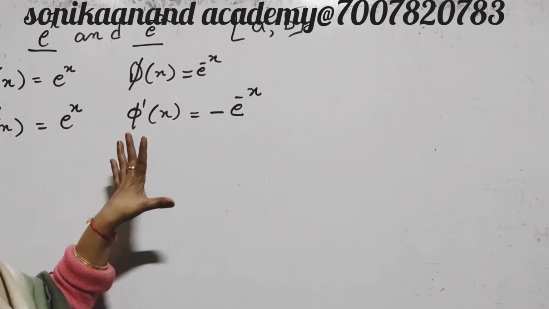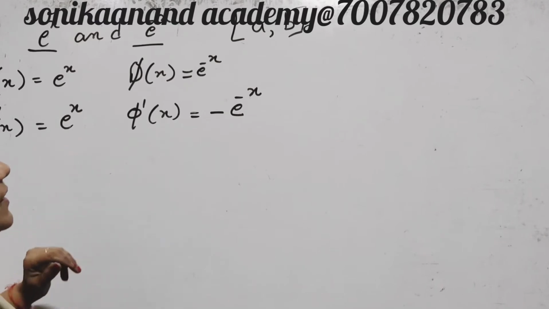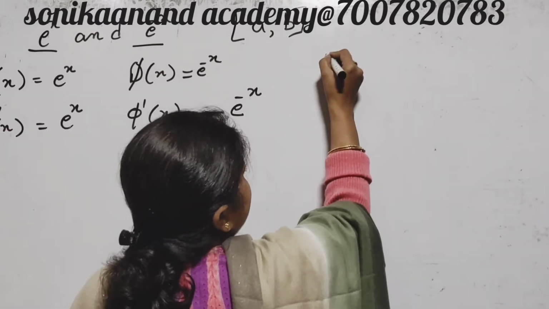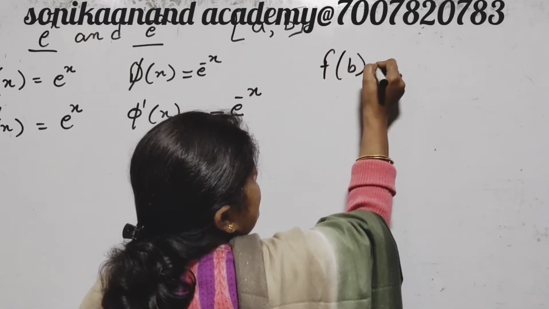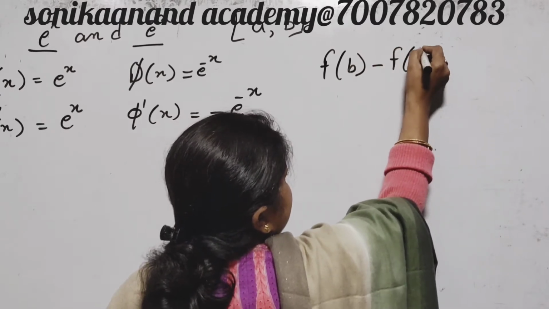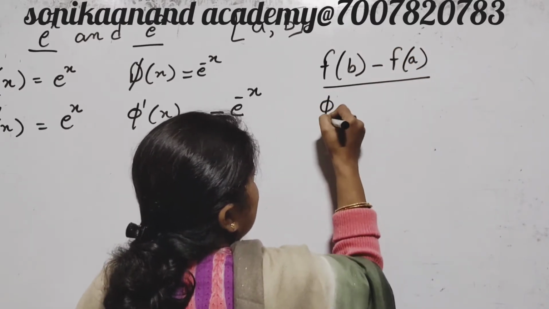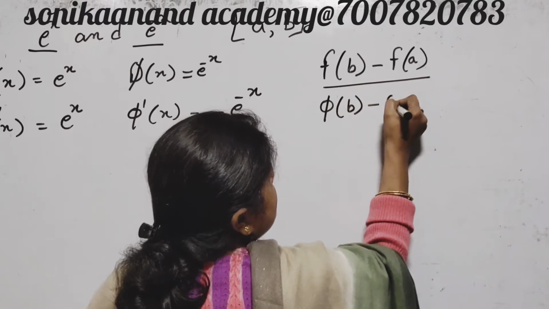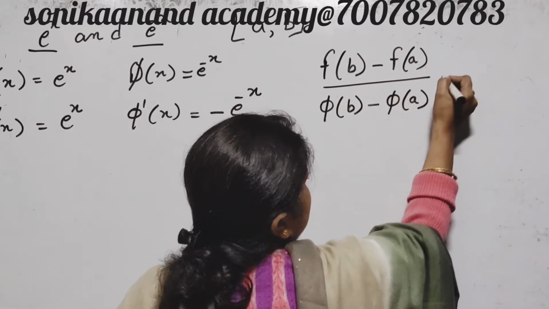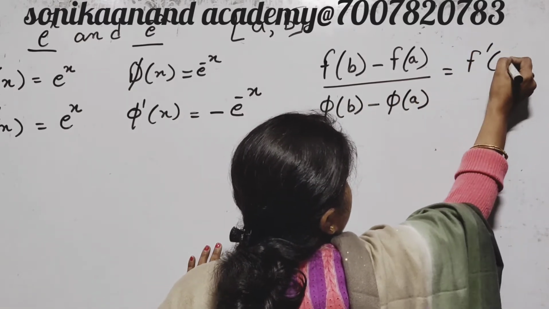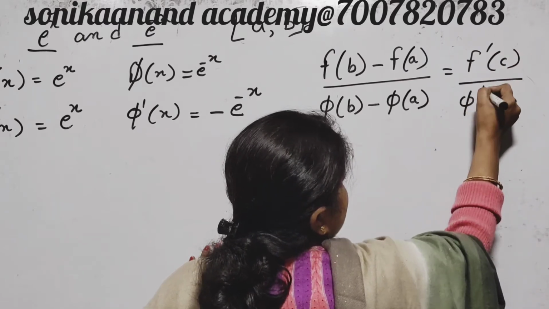Now, we apply the condition. What is the condition? The condition is: (f(b) minus f(a)) over (psi(b) minus psi(a)) is equal to f dash c over psi dash c.